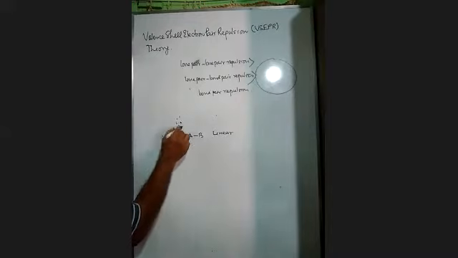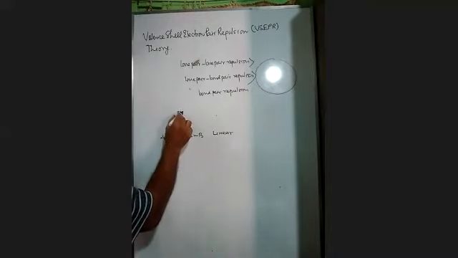Now suppose you have taken AB2. Two B atoms are connected to A. Because of that, we call A the central atom. Here there is no central atom; here is the central atom.